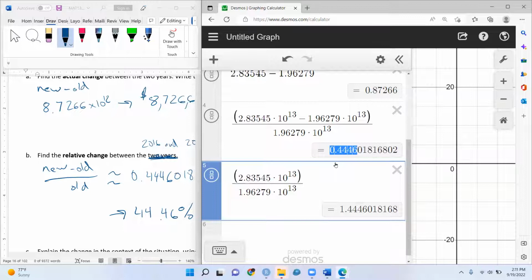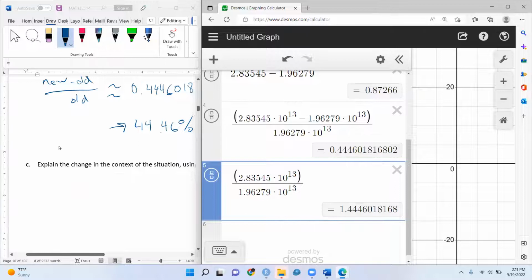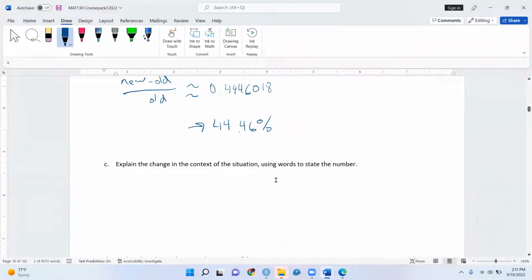Do y'all see that subtlety there? Someone could lie and say there was a 144% increase from 2016 to 2021. And while the percentage is correct, the interpretation of it is wrong. It's not a 144% increase.